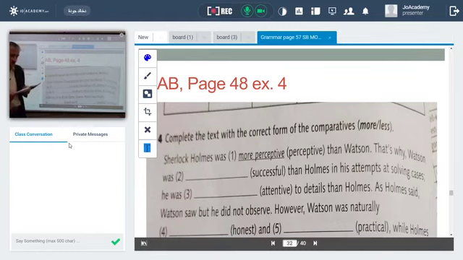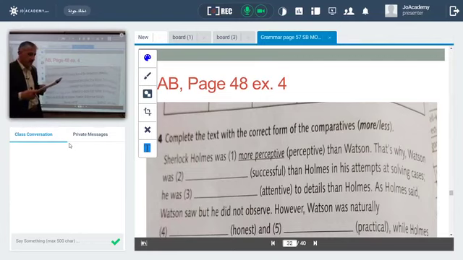Sherlock Holmes was more perceptive than Watson. That's why Watson was less successful than Holmes in his attempts at solving cases.